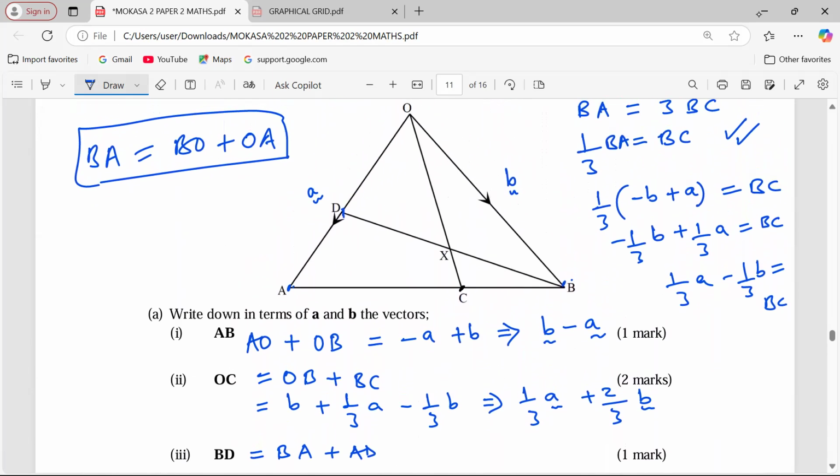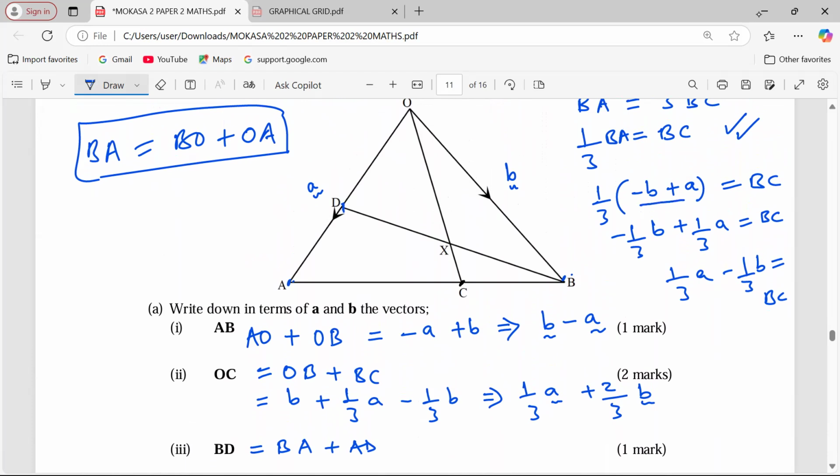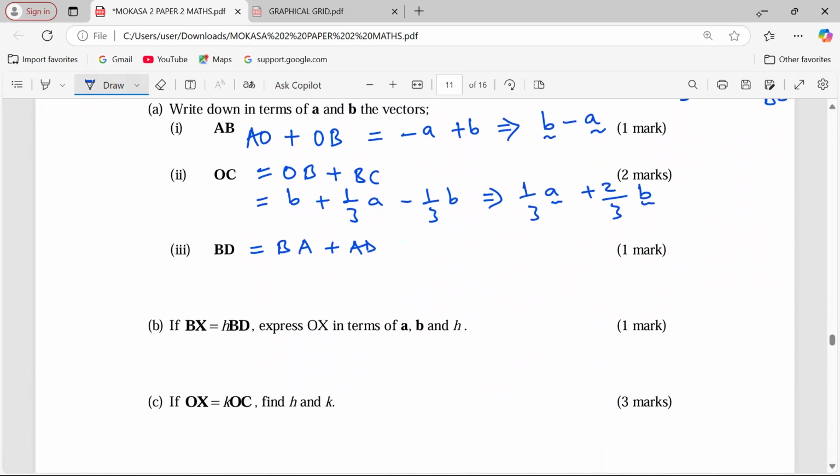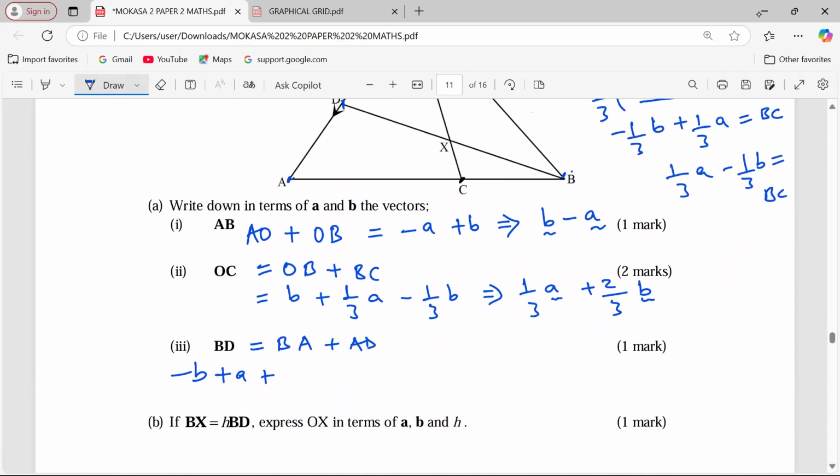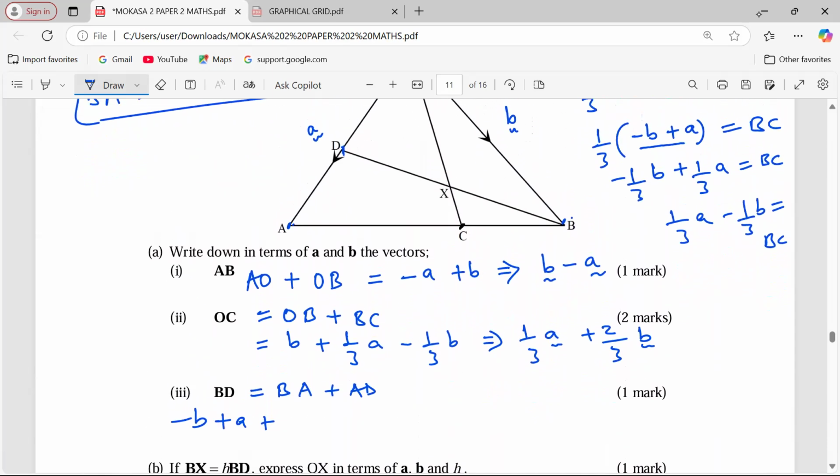B to A is in the brackets here. Negative B plus A, then plus AD.